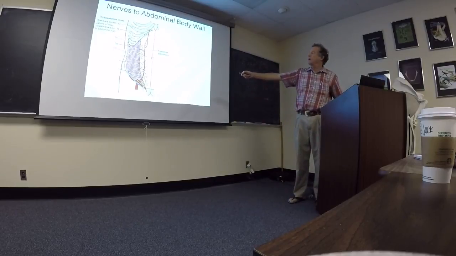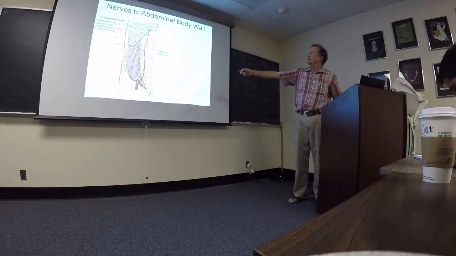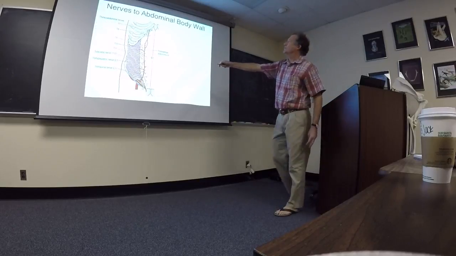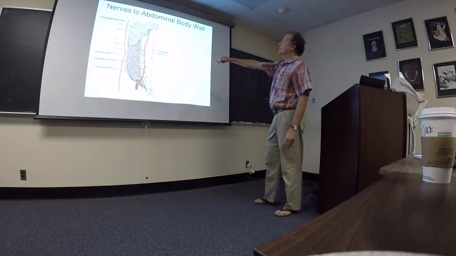And then below, this one is on the underside of T11, between the 11th and the 12th rib. And then below that, there's another ventral ramus coming around, which is below T12, so it's called the subcostal.